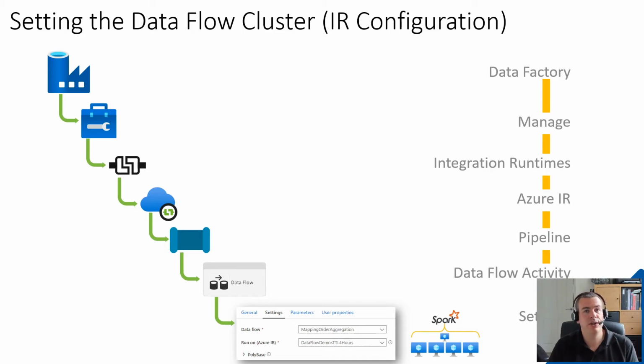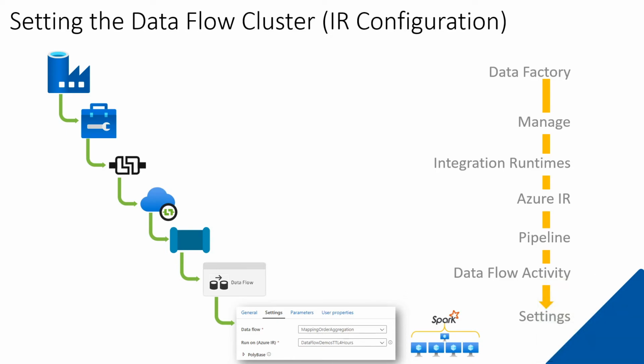What you'll need to do within your Data Factory is go to that management panel, with the little toolbox icon and the spanner on the left-hand side. You choose your integration runtimes and you potentially create a new Azure integration runtime where you define that cluster type and whether you want it compute optimized, etc.